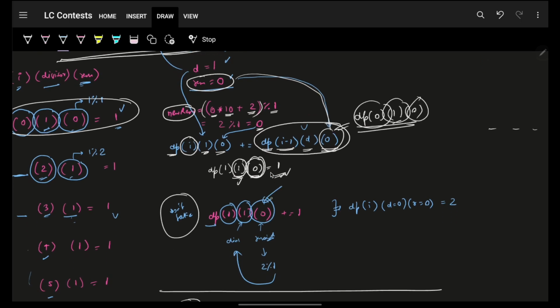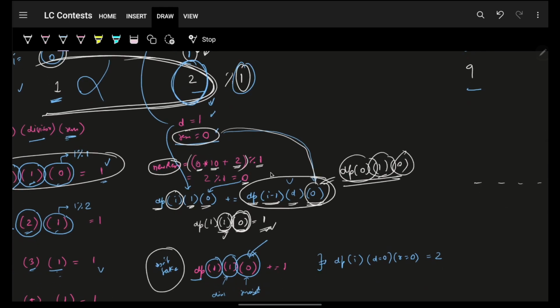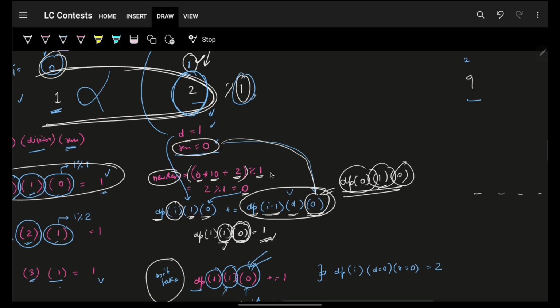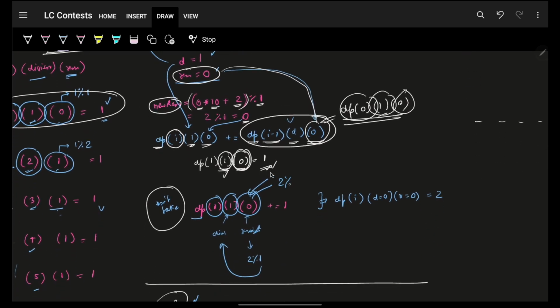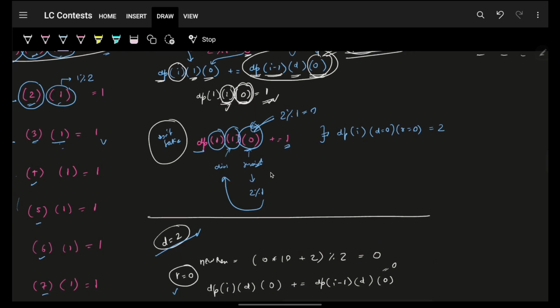This remainder will be computed from the digit mod the divisor. Divisor is 1, so digit 2 mod 1 is 0. So the remainder will be 0. Simply add a plus 1. This says that ending at index 1 with a divisor of 1 and a remainder of 0, I have one substring, which is this one.